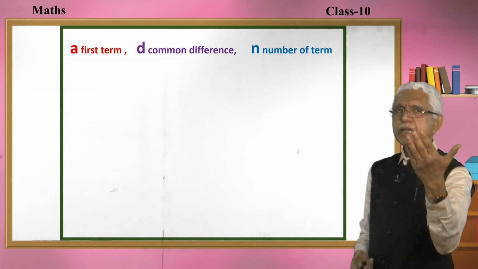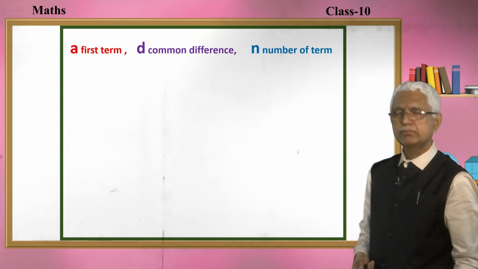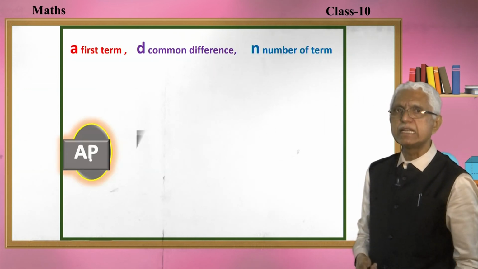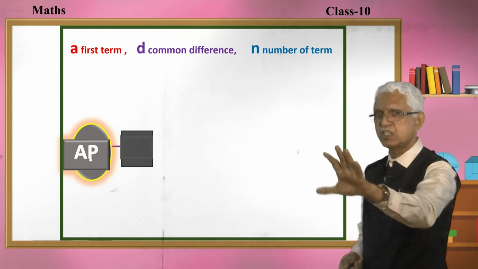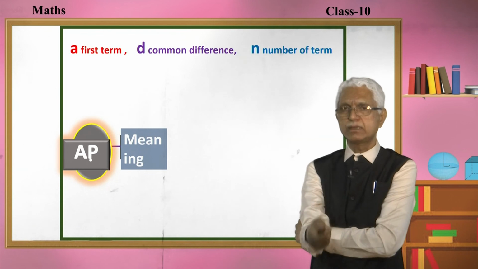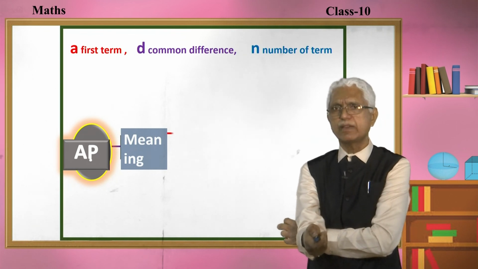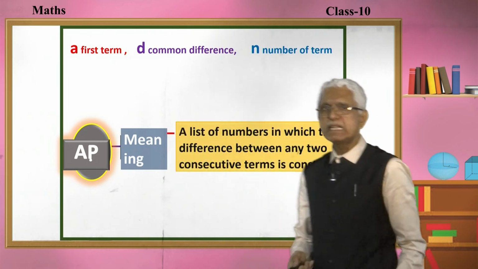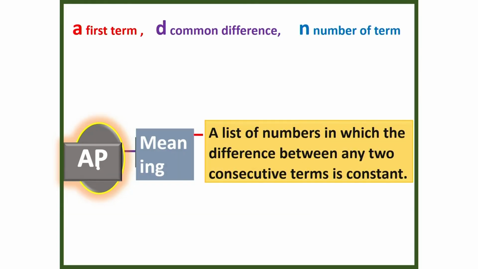Summarizing, in any AP, A is the first term, D is the common difference, N is the number of terms. Okay, this is just the summary. So, arithmetic progression meaning, we will just recall once again whatever we have defined. One definition is a list of numbers in which the difference between any two consecutive terms is constant, correct.